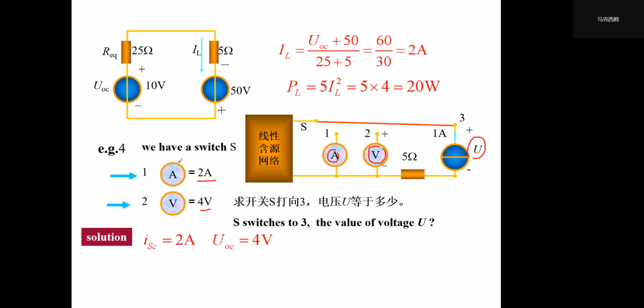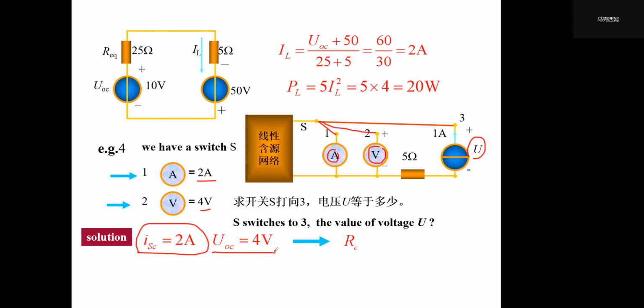When we switch to 1, it means that we short circuit this network. So the short circuit current is 2 ampere. And when we switch to 2, we have this voltmeter to measure the open circuit voltage, which equals 4 volt.